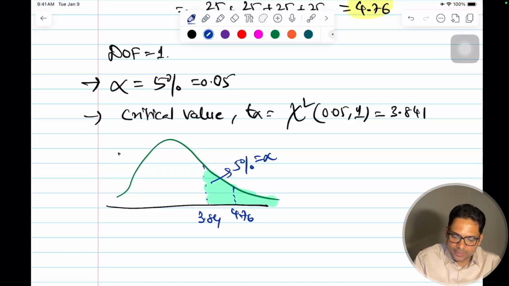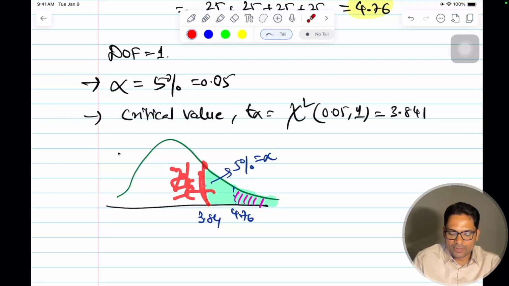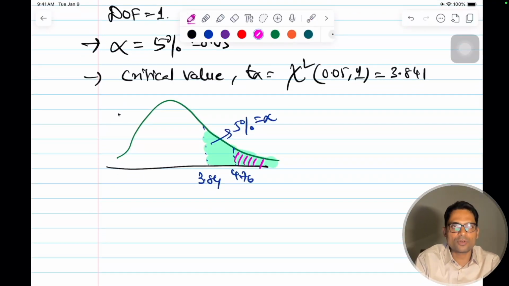So definitely this area is less than 5%. So it is less than the significance level. So if it would have been greater than 5%, say 7% or 10%, then we would have accepted this. But this is less than the significance level, so whatever data we have got, this is statistically significant.